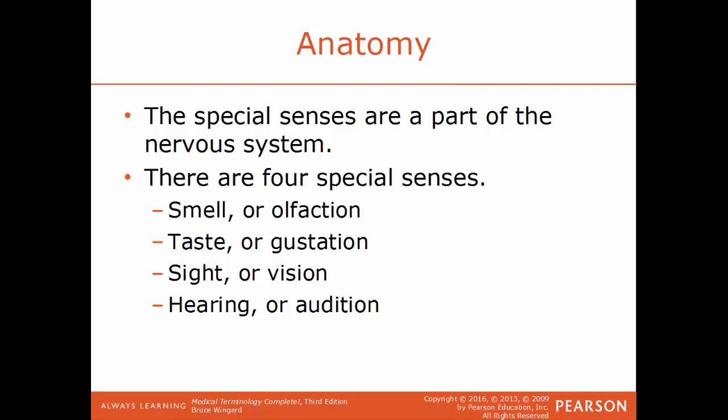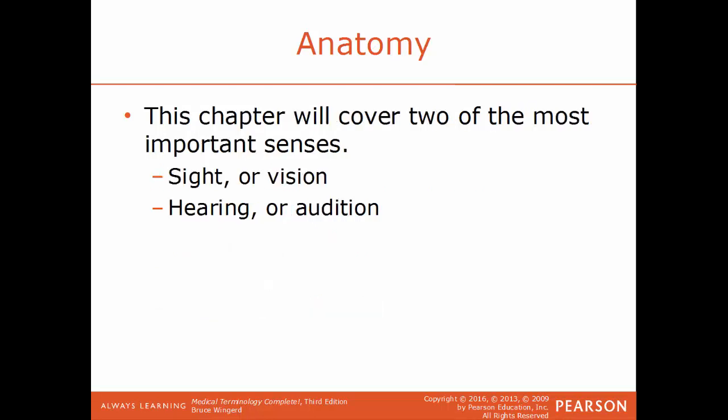Now these 4 are considered to be special senses because all of their receptors are centralized in one body part. So all 4 of these receptors are focused just within the head. The other sense that we have, the sense of touch, has receptors all over the body, so that is a general sense. But these 4 listed here are special. Now this chapter will cover 2 of the more important senses, the sense of sight and the sense of hearing.